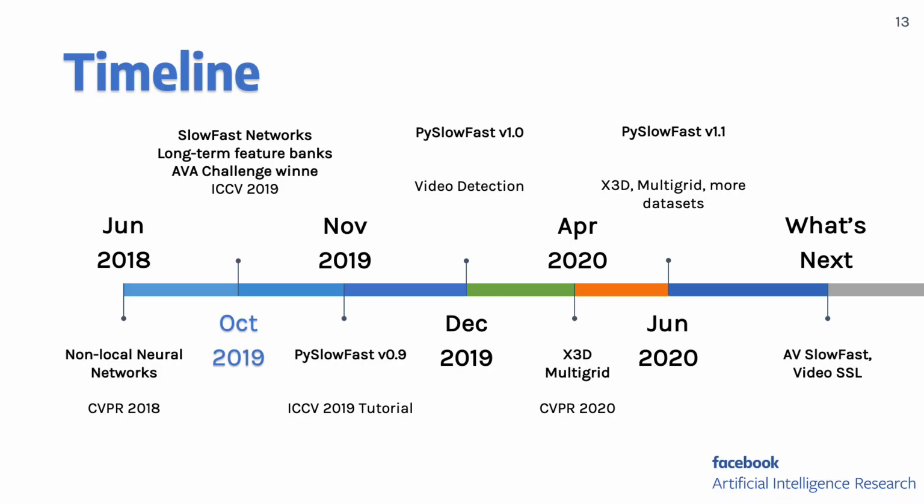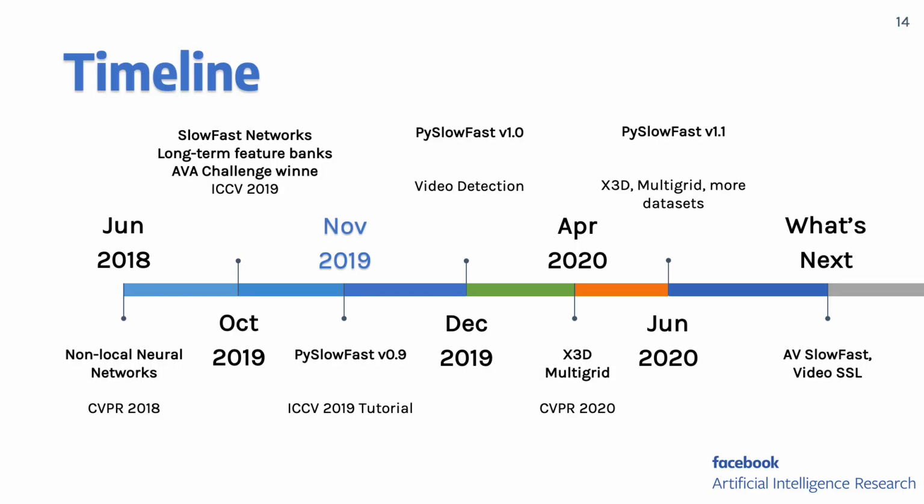After that, moving to October 2019, we introduced the SlowFast network, a two-pathway network with a slow pathway to capture spatial semantics and a fast pathway to capture the motions at a fine temporal resolution. And the work won the AVA challenge on the track of spatial temporal action localization the same year in CVPR 2019.